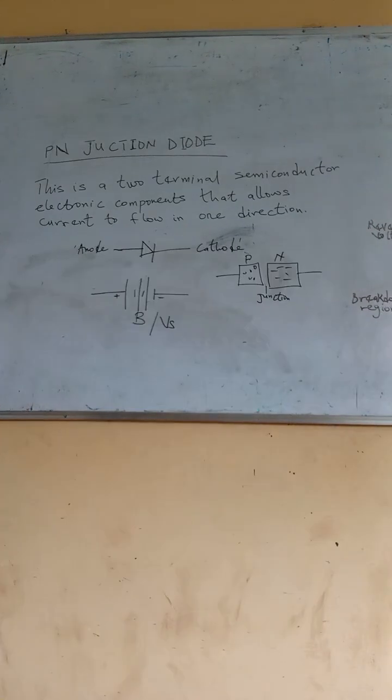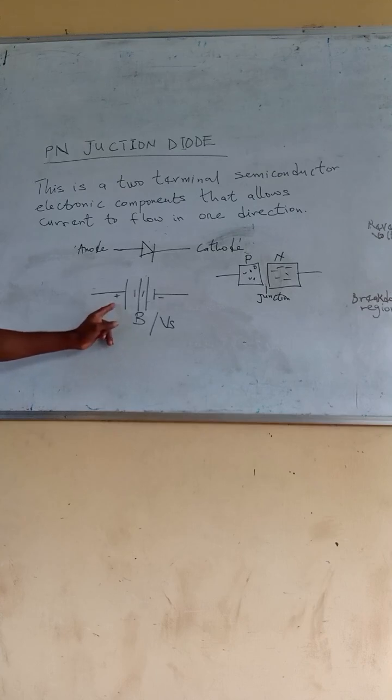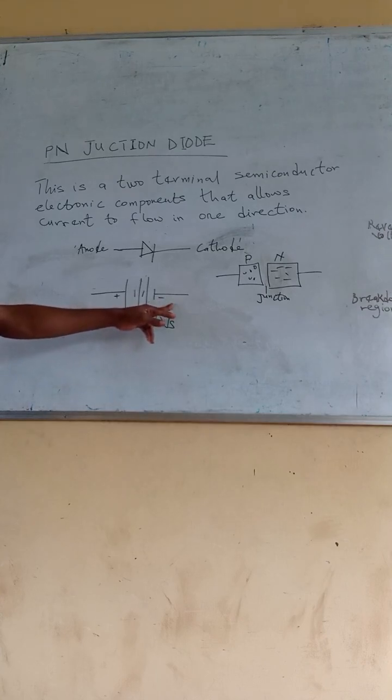When we put a voltage source to a PN diode, it will be in two conditions: forward bias and reverse bias. In forward bias, let's say this is our battery or voltage source. A battery normally has a positive terminal and a negative terminal.